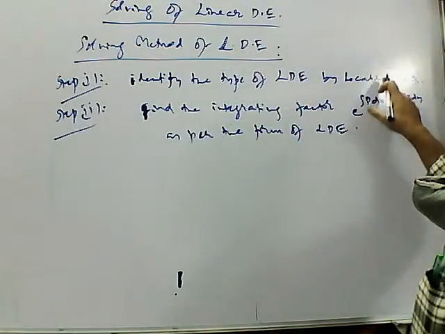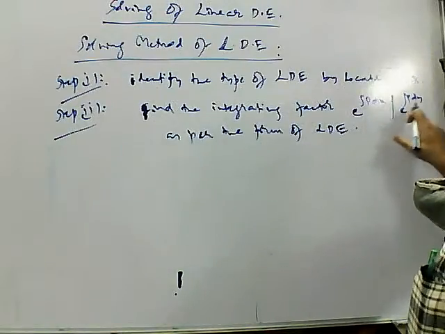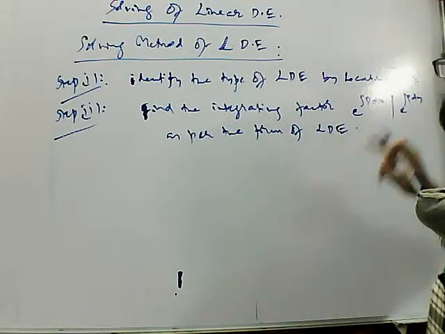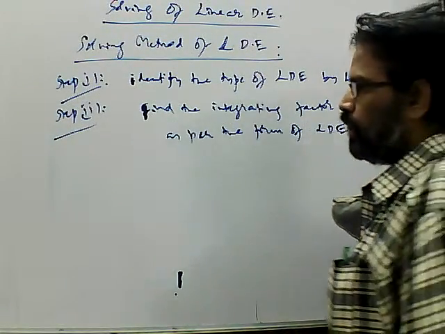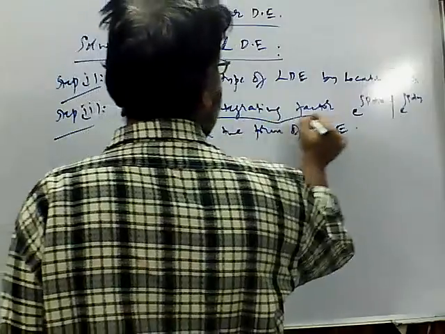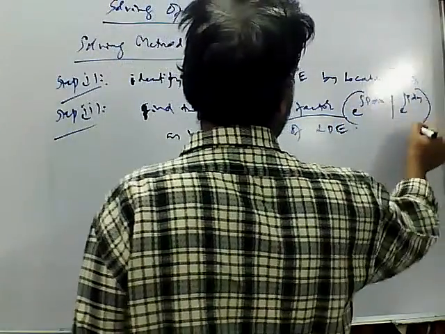In case of dy by dx, P and Q are functions of x, so e power integral P dx. Here P and Q are functions of y, so e power integral P dy. That is called the integrating factor. The integrating factor is these two.